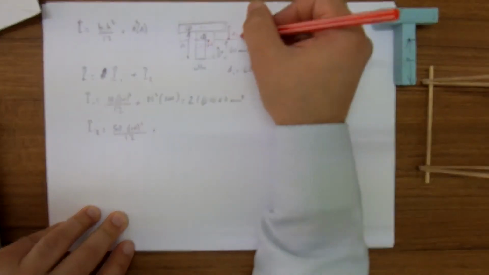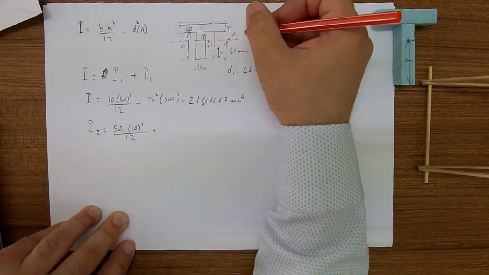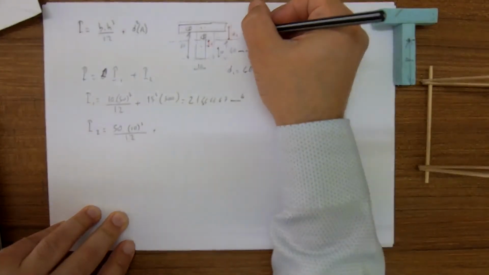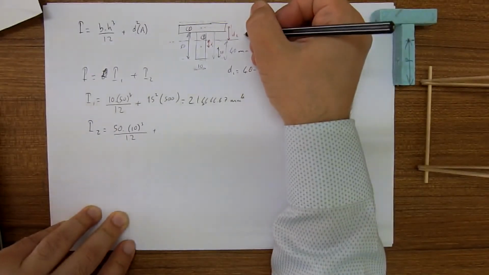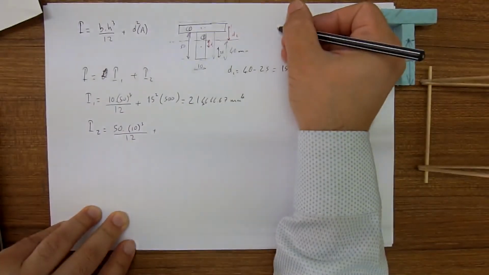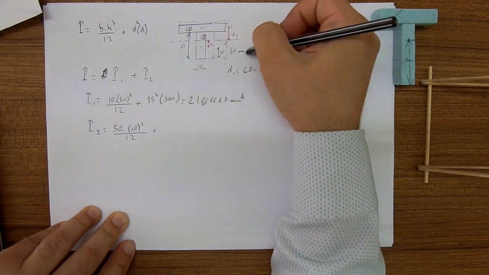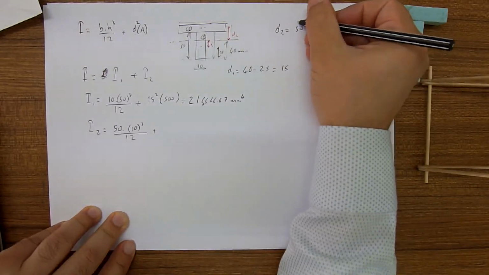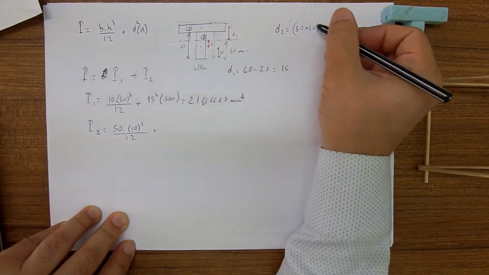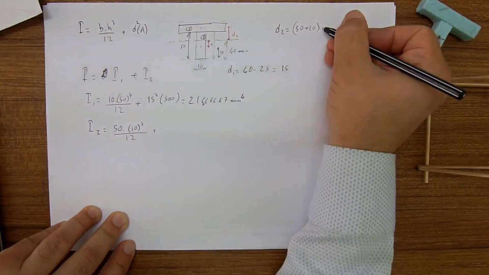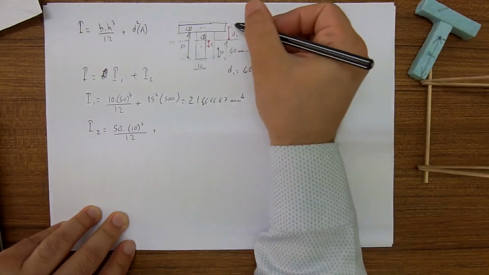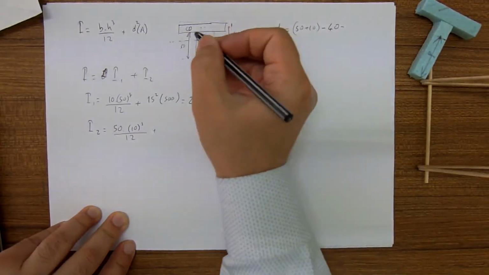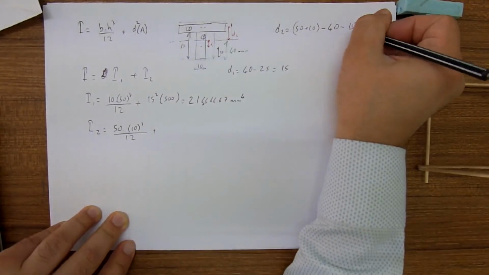And how do you find it? There is 10 here. We can just do d2 is equal to the whole height, 50 plus 10, minus 40, minus half of the height of area 2, which is 10 over 2.